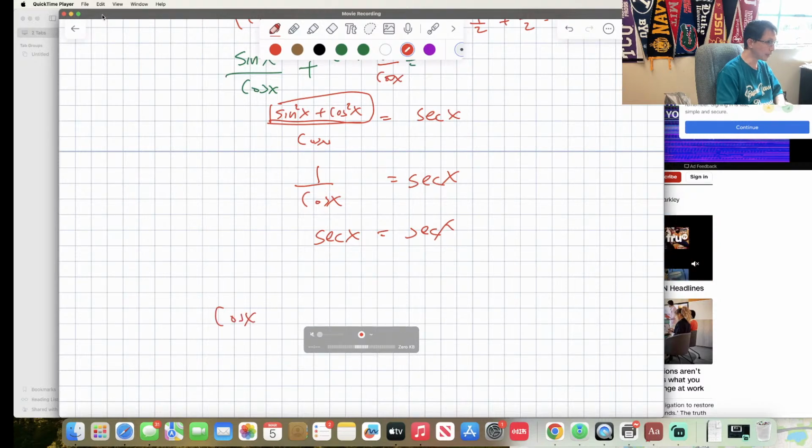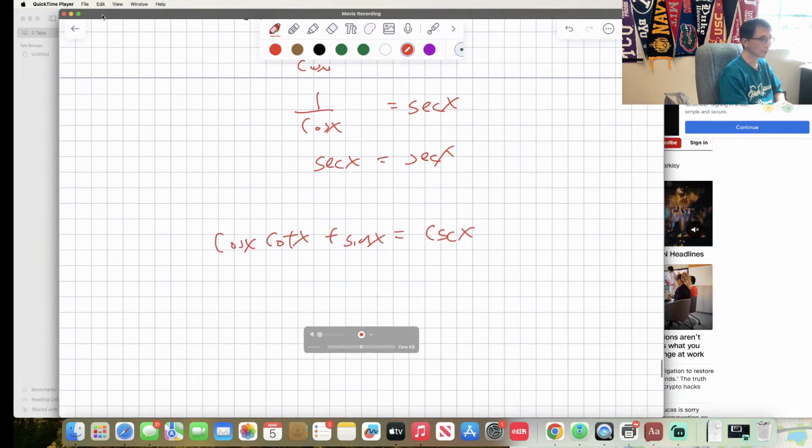So cosine of x, cotangent of x, I'll let you try one: sine of x equal to cosecant of x. Really similar. There's an identity coming back to help you.